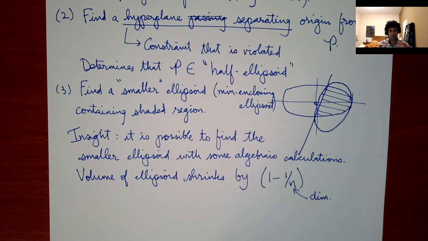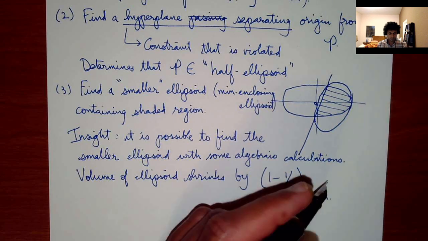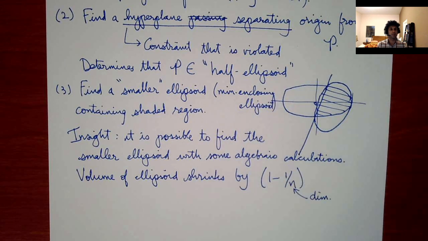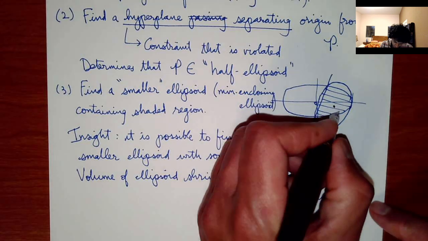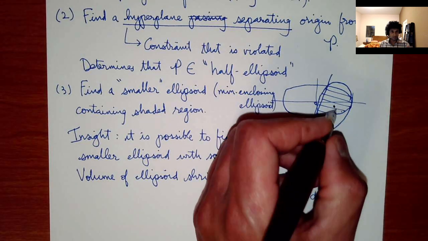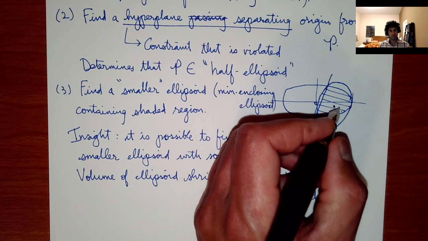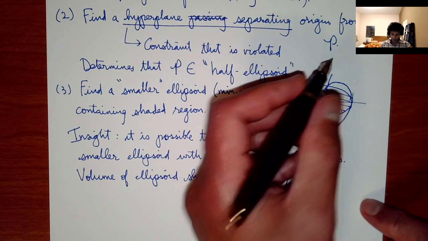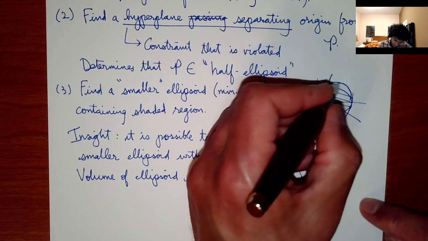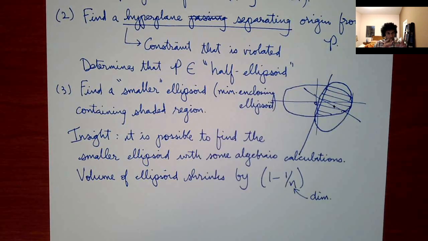And then you just repeat this procedure over and over again. It's like binary search at some level, right? Again, you look at the center, you query it, and if it is not in P, the polytope, then you find some separating hyperplane, and then you get a minimum enclosing ellipsoid of whatever is left. You can just ignore the older ellipsoid.